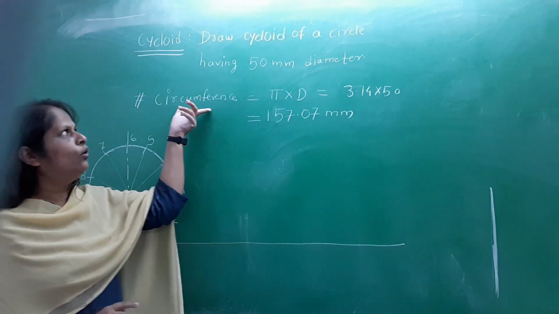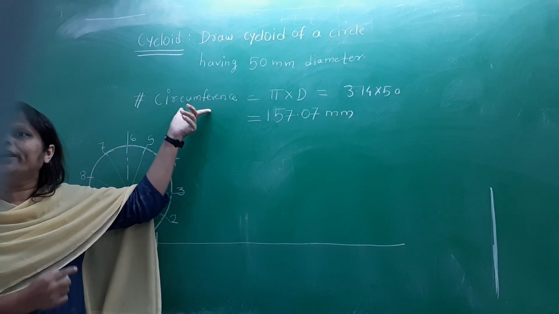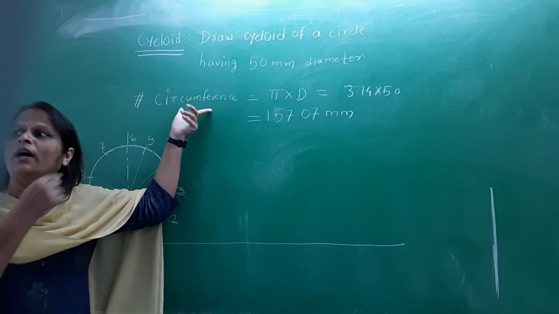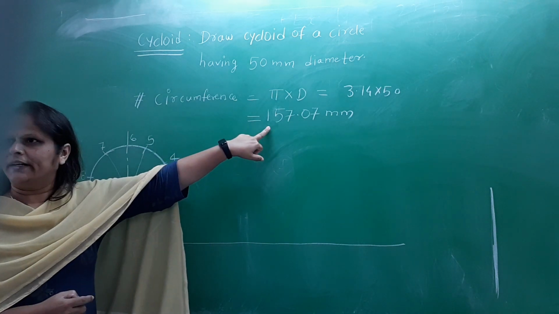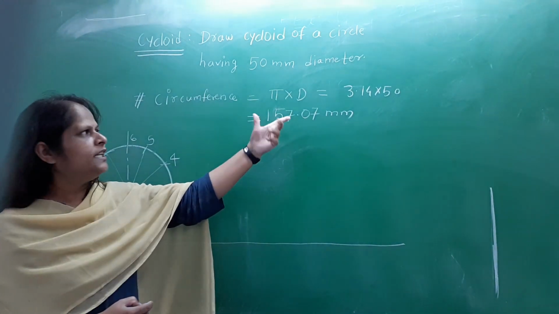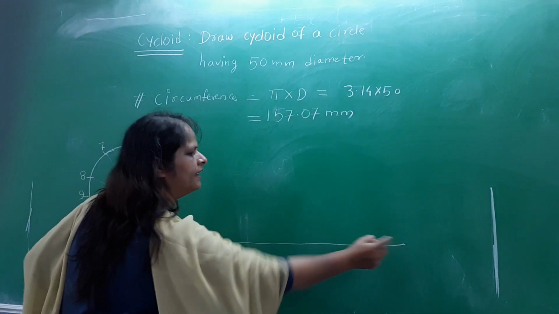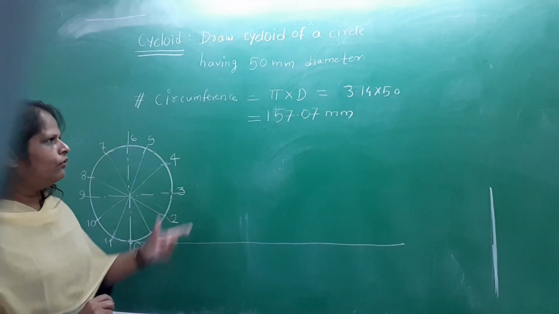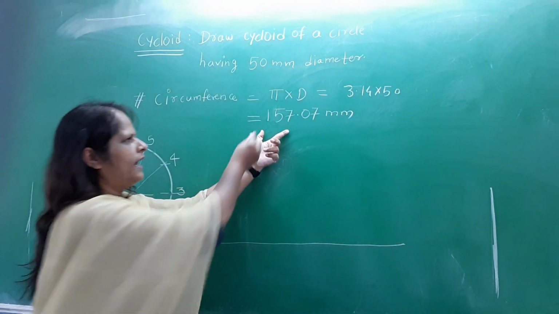Now as we know, cycloid is a path traced by point P when the wheel completes one turn. So one turn means distance equal to circumference. So 157.07 mm. This much length of line we have to construct here. How to get this distance?